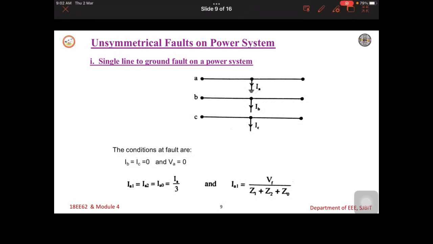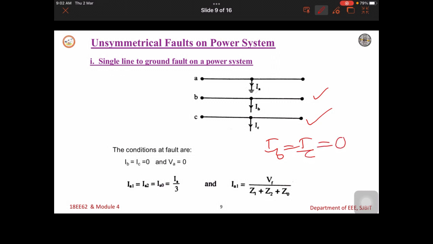So the condition for this, as we all know, is that no load is connected to B and C. So IB and IC values will be the same and equal to 0, and since VA is shorted to ground, its value will be 0.